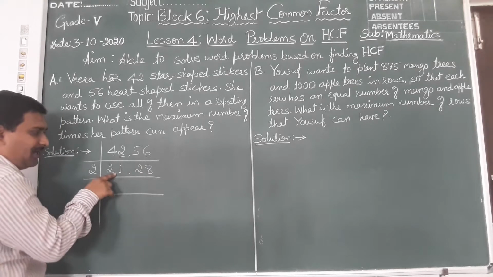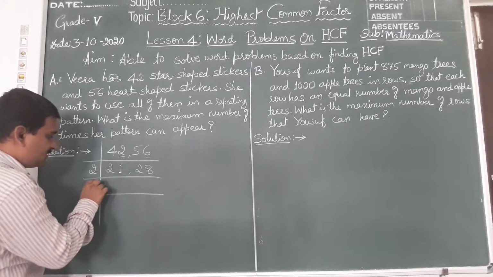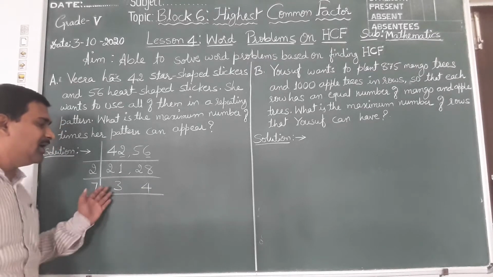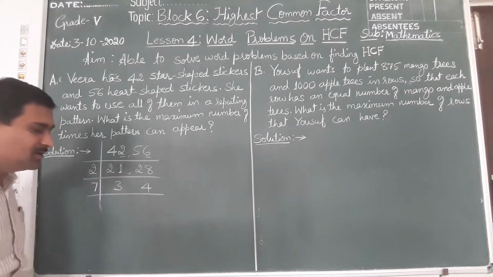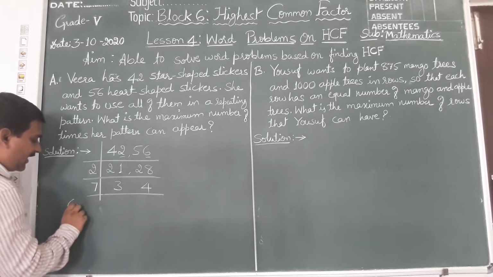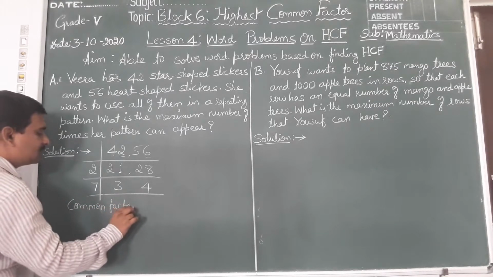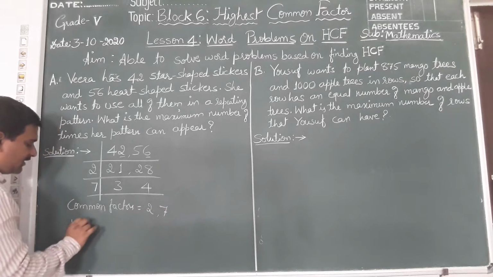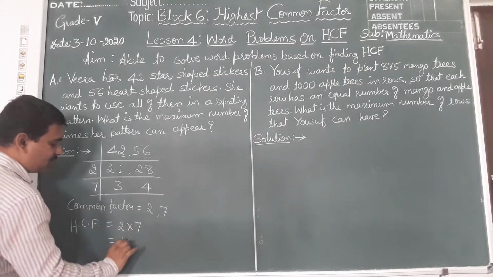So 21 and 28 you will get in the 7 times table. 7 threes are 21, 7 fours are 28. 3 and 4 you will not get in the same table, so we should stop here. So common factors you should write. Common factors are 2, 7. So HCF you will get by multiplying this 2 and 7.